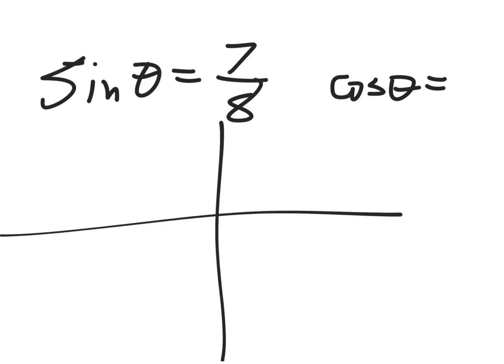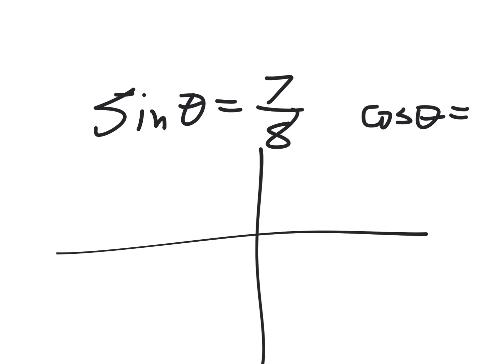So why don't I say, they always told you, do you remember these questions? They always told you, in quadrant 1, okay, but I'm going to give you my clue in a different way. Sine of theta is 7/8. And cosine of theta, no, I'd already told, I'm going to ask you for cosine, so my bad. I got to change that to tangent. Tangent of theta is negative.